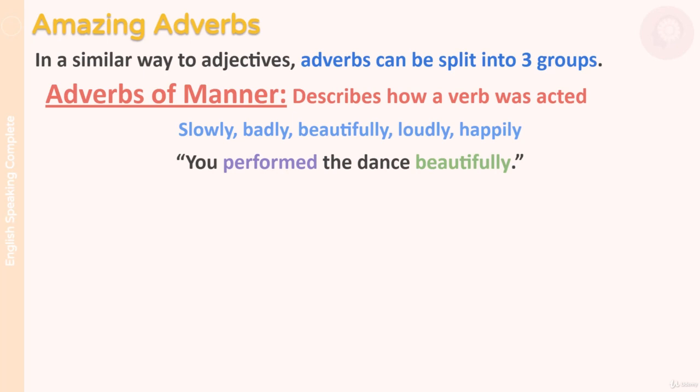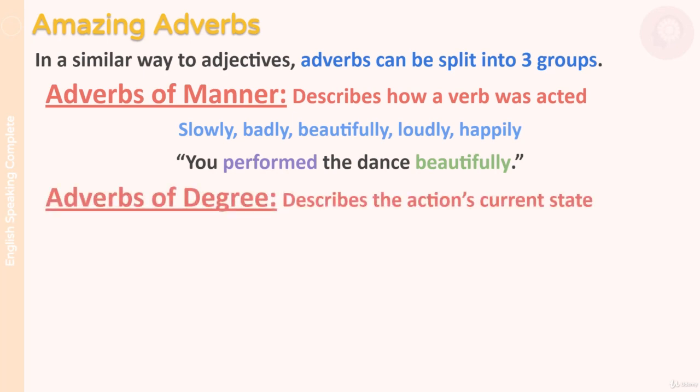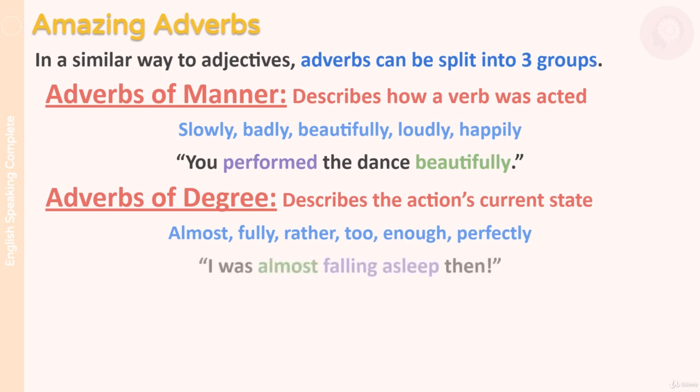Okay, so our next type of adverb is adverbs of degree. And this really describes the action's current state. This can be almost, fully, rather, too, enough, perfectly. I was almost falling asleep then.